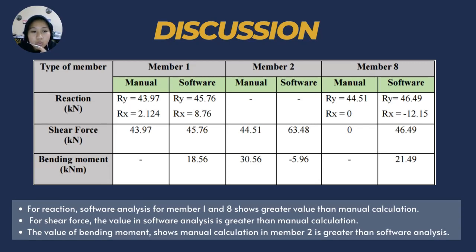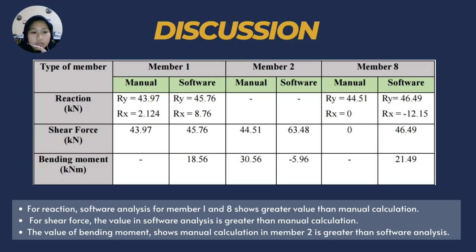This is maybe due to the application of loading being different in both analyses, where the manual calculation uses the combination action 1.35 GK plus 1.5 QK, while the software has its own different setting. However, the values of reaction are almost close for both analyses, so we can assume that both analyses got almost the same value.